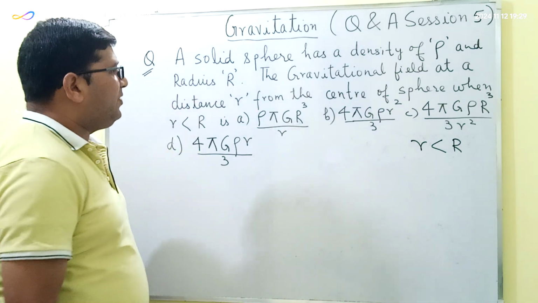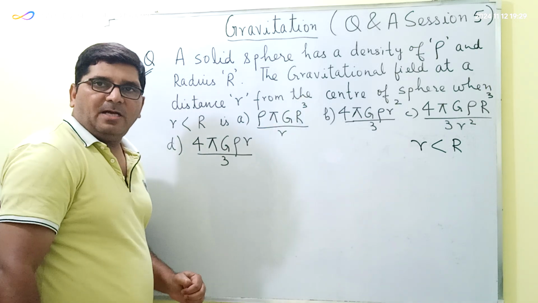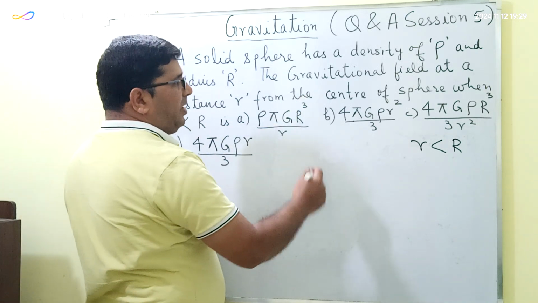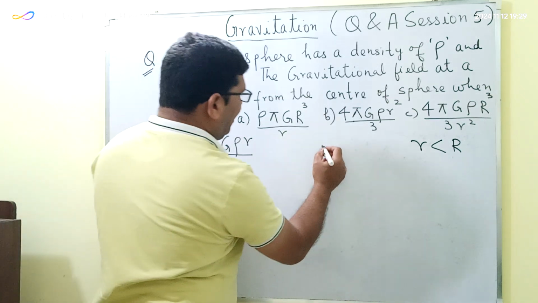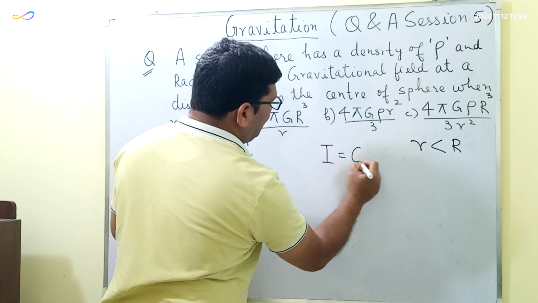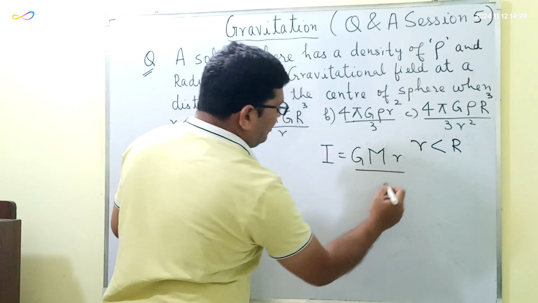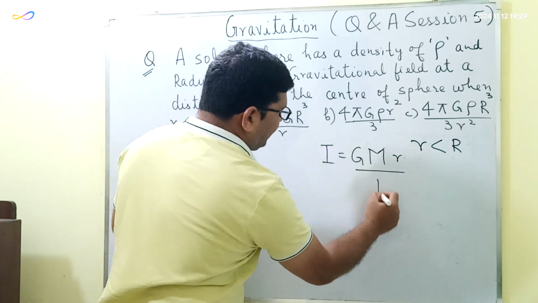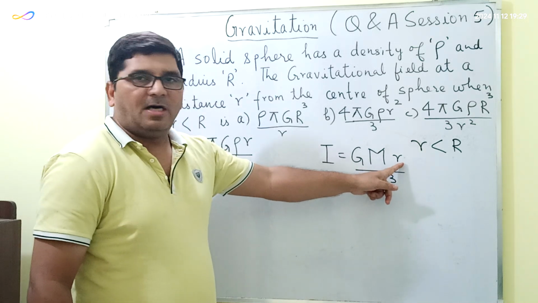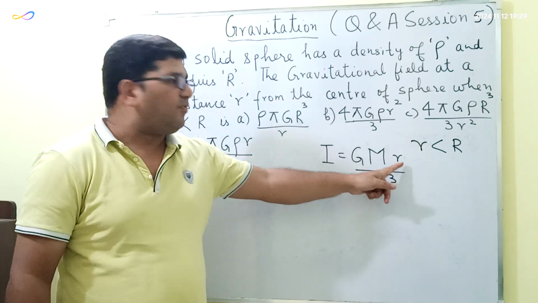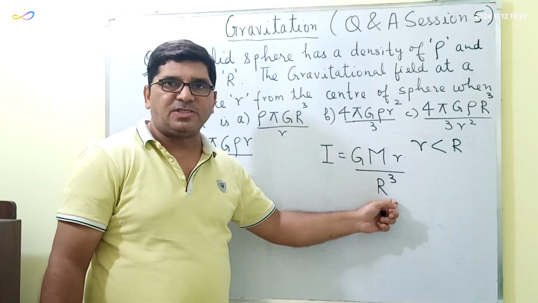And in session number 2 we have learned that the gravitational field intensity at a point inside the surface of a sphere is given by I is equal to GM into small r divided by R cube, where small r is the distance of the point from the center of the sphere and capital R is the radius of the sphere.